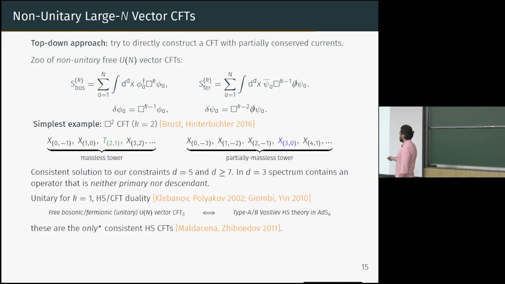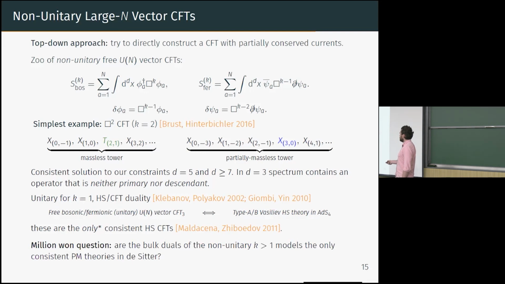As a consequence of the famous classification theorem of Maldacena and Zhiboedov that showed that these are the only consistent CFTs with higher spin conserved currents, we actually know that these are the only consistent higher spin theories in AdS. And so the $1,000,001 question is, are the bulk duals of the non-unitary theories, these free theories with k greater than 1, the only consistent partially massless theories in de Sitter?